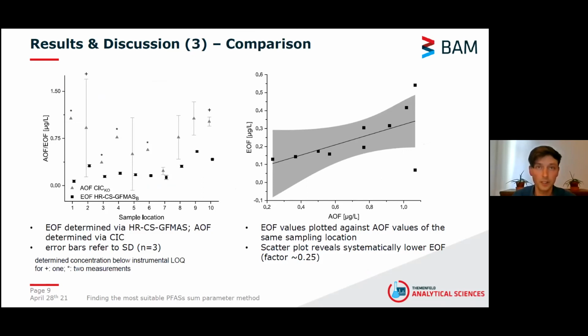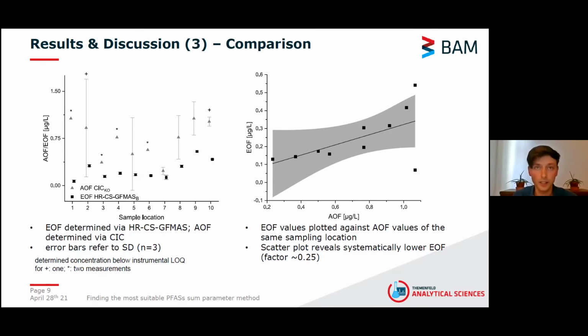The left figure compares the AOF values determined using CIC and the EOF values conducted with the GFMAS. All samples were measured in methodical triplicate, and both sum parameters end up in similar trends and values in the same order of magnitude. Please note again that for the AOF-CIC measurements, the determined concentration often was below the LOQ, as again highlighted.